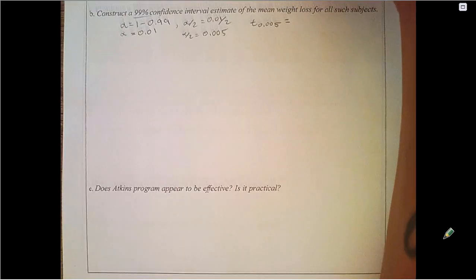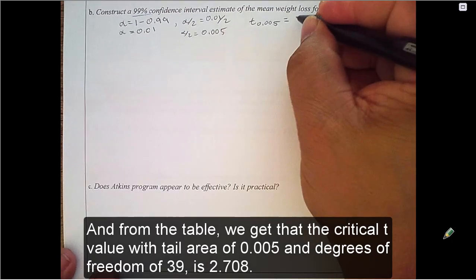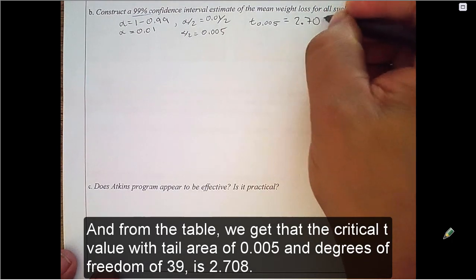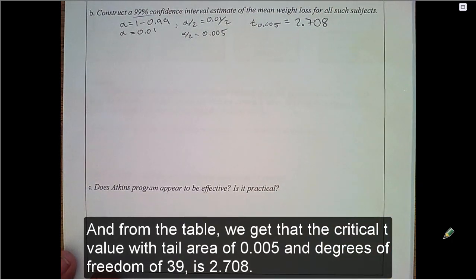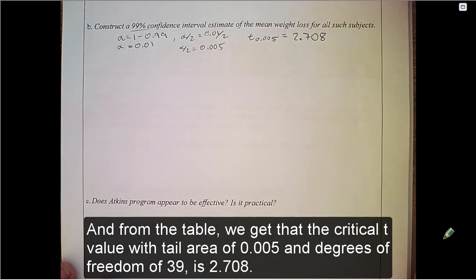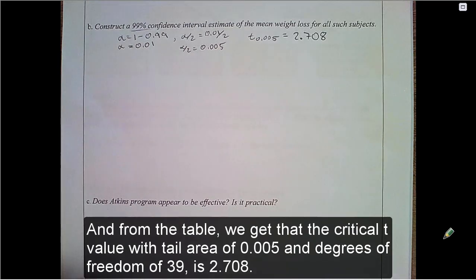And from the table, we get that the critical t-value with tail area of 0.005 and degrees of freedom of 39 is 2.708.